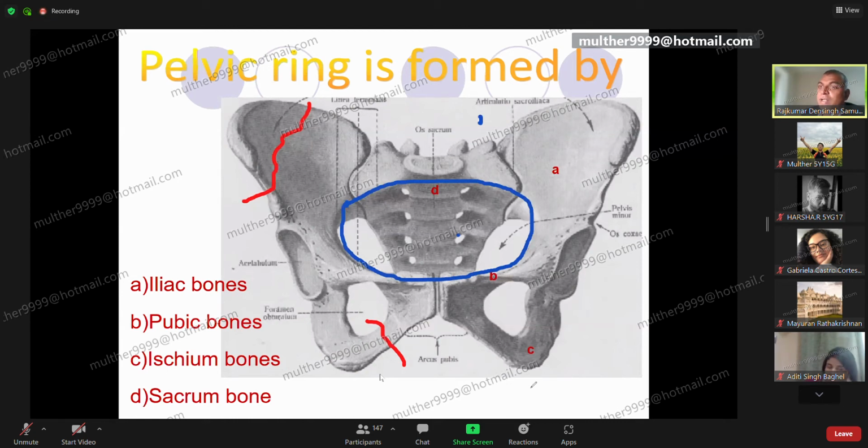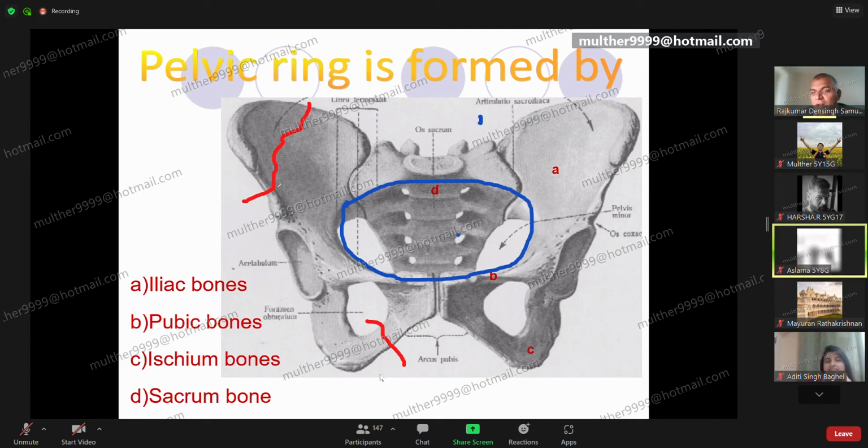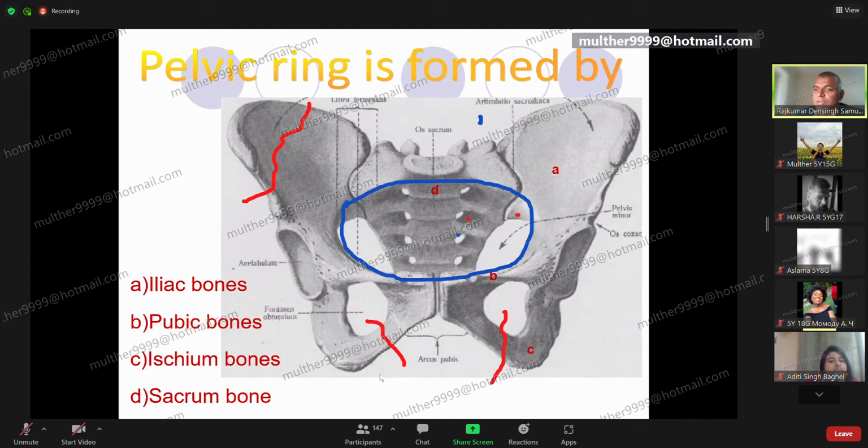You can give a wrong answer, no problem. Nobody's going to give you marks. Stable. One more patient came to hospital, now with fracture of both inferior pubic rami. Stable or unstable? Still stable. See, the superior pubic ramus is holding it. Still it is stable in this condition.